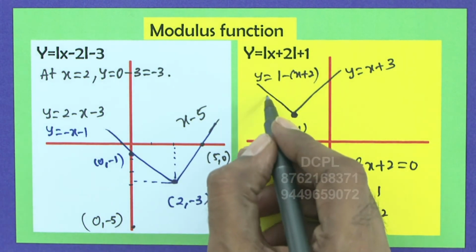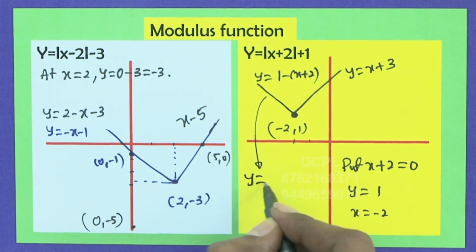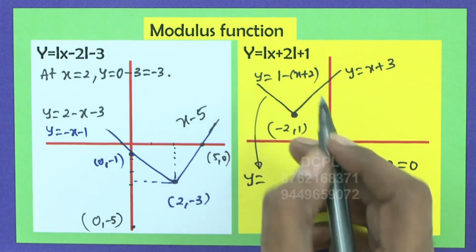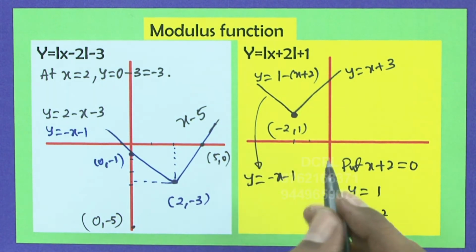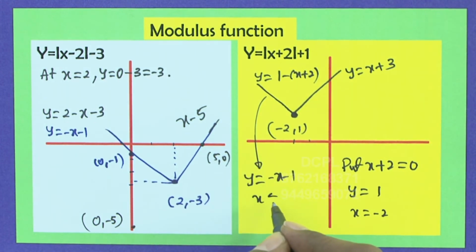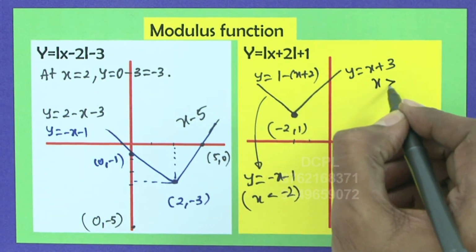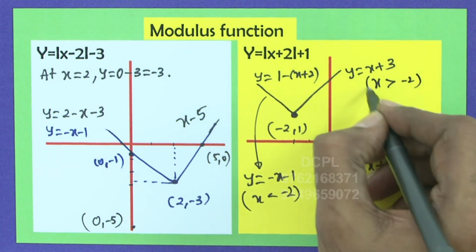This part of the graph is y is equal to minus x minus 1 for x less than minus 2, and the other is for x greater than minus 2.